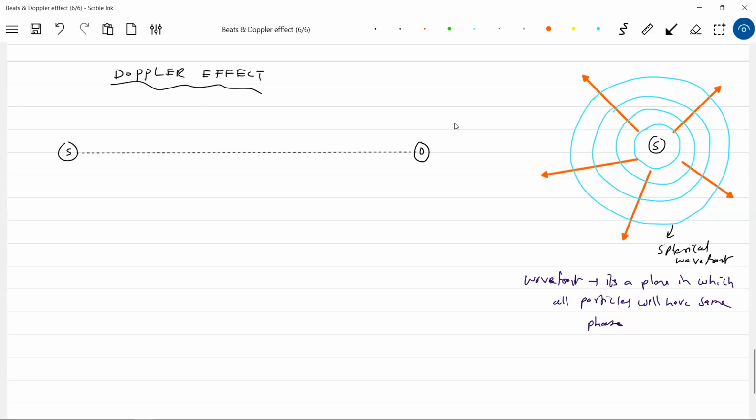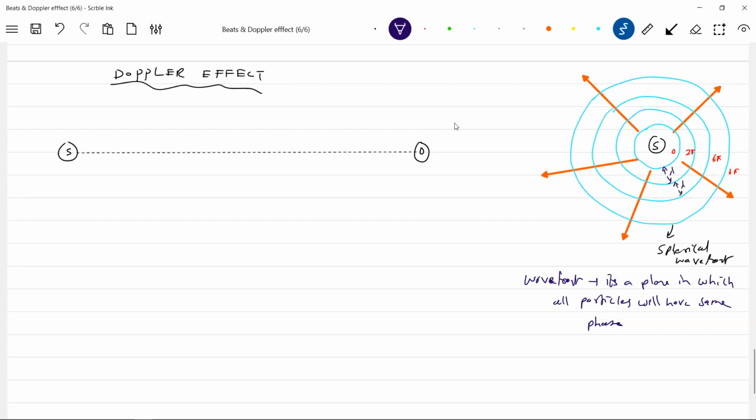Suppose the phase of this is 0, the phase of this is 2 pi, then 4 pi, then 6 pi. We know the distance between 2 pi and 0 should be lambda. So we can define the distance between these wavefronts as lambda.